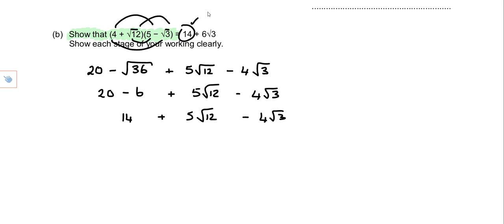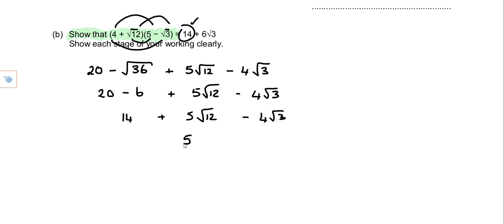Now what we have to do is get the 5 root 12 and the minus 4 root 3 to be root 3. Oh, we're not trying to work it out, we're trying to show they're the same? Yes. So I've just got to work on the left hand side until I get it to equal the same.